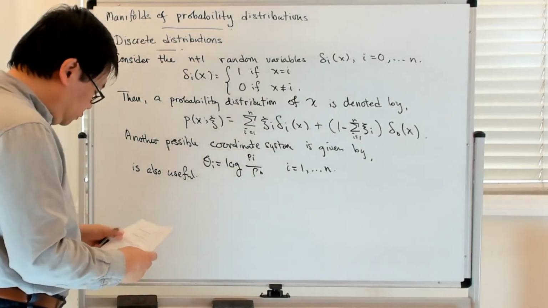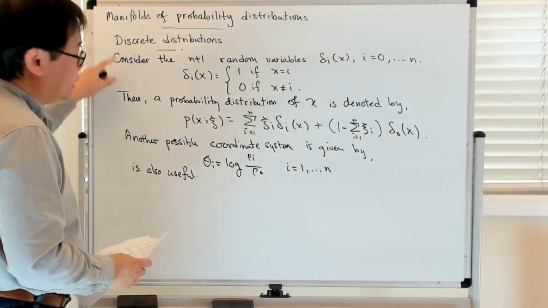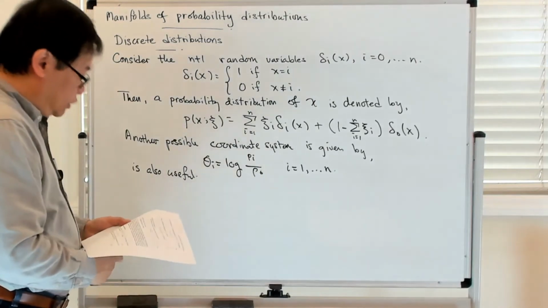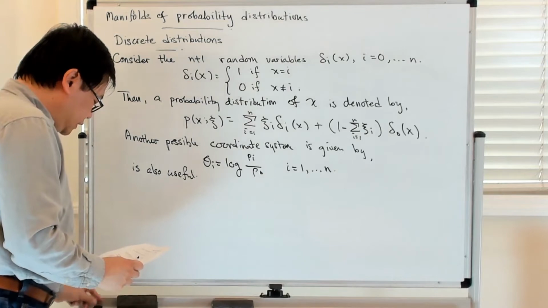Okay. All right. So we looked at this space of Gaussian distributions, and we looked at this space of discrete distributions, and these are examples of what are called regular statistical models.